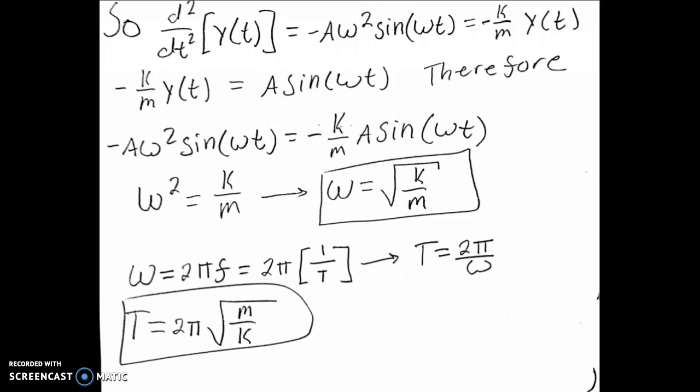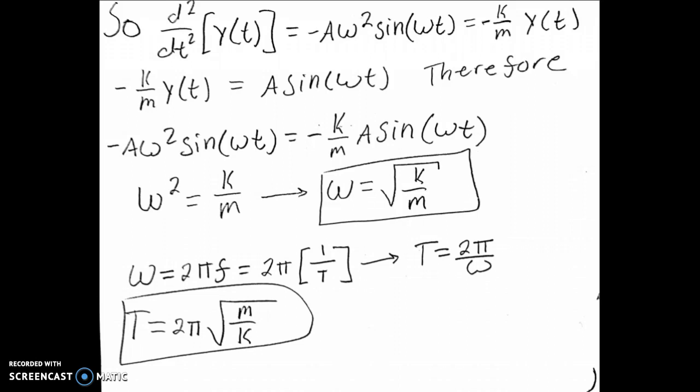And negative k over m times y of t is negative k over m A sine omega t, which means that negative A omega squared sine omega t equals negative k over m A sine omega t. So we can factor out the negative A sine omega t and note that omega squared equals k over m. There you go. We found that the angular frequency is the square root of k over m.